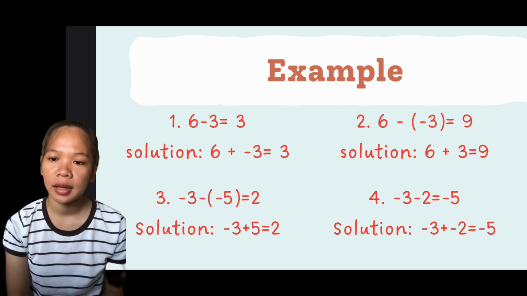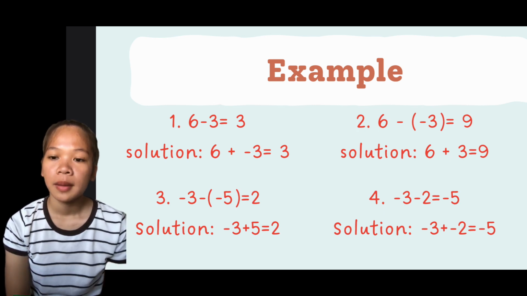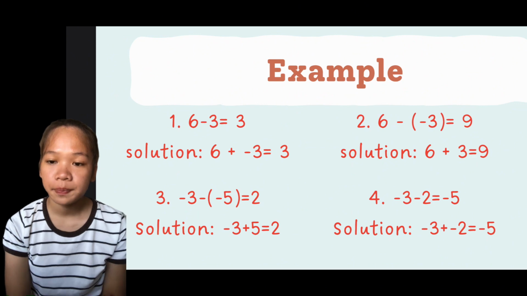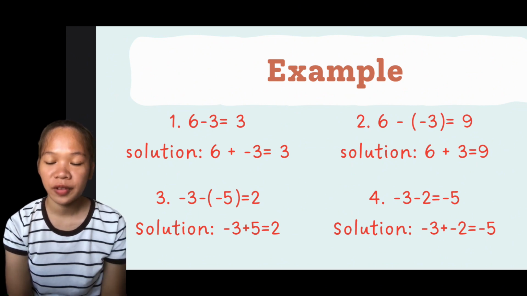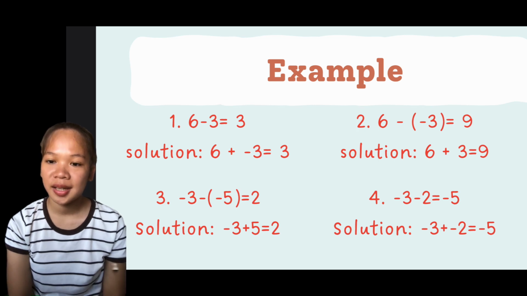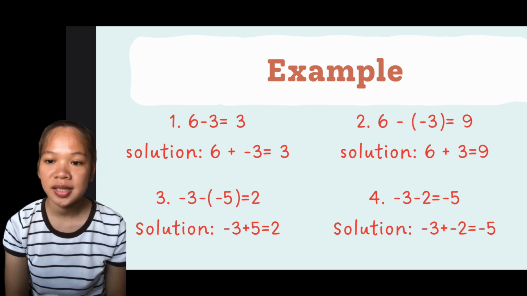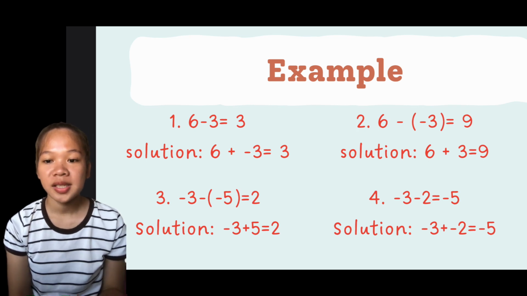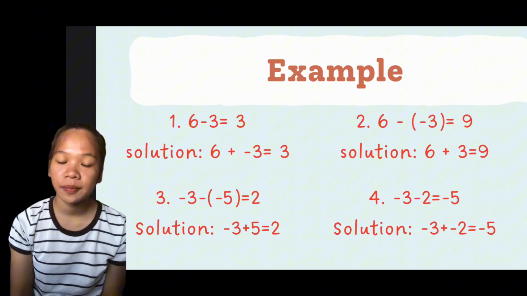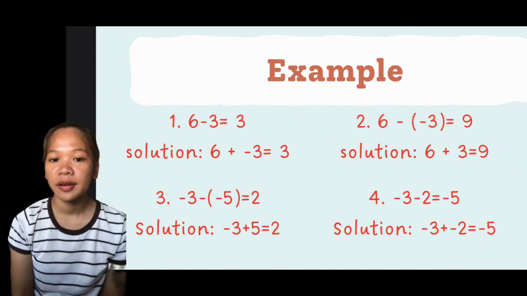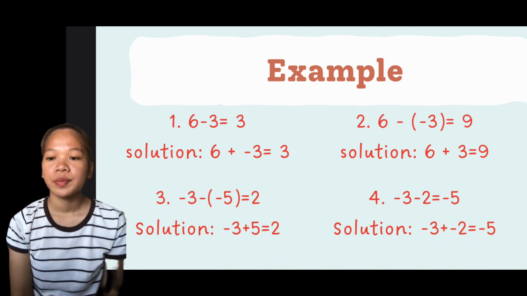And then yung negatives, minus sign is i-replace natin siya into addition. And then yung negative 5 ay gagawin rin natin siyang positive 5. So dahil magkaiba sila ng sign, we're going to subtract it. That's why the answer is 2. Positive siya dahil ang pinakamalaking value or number ay ang 5 which is ang kanyang sign ay positive.